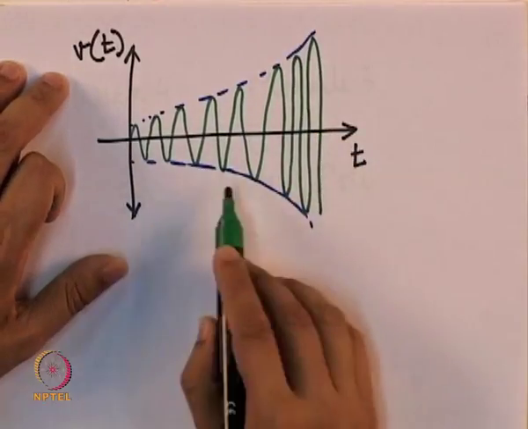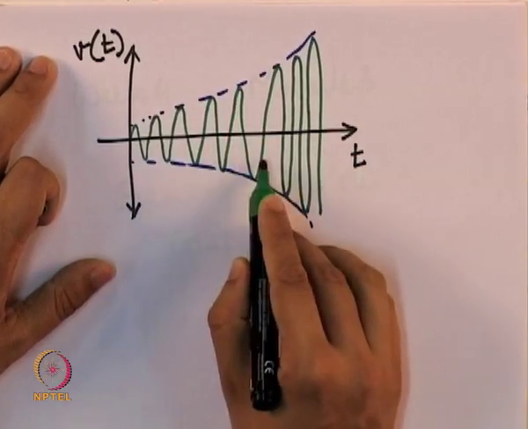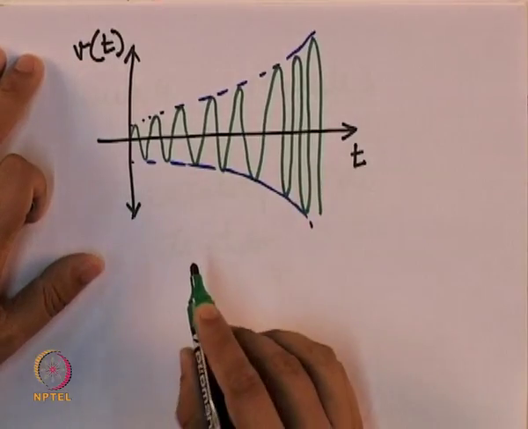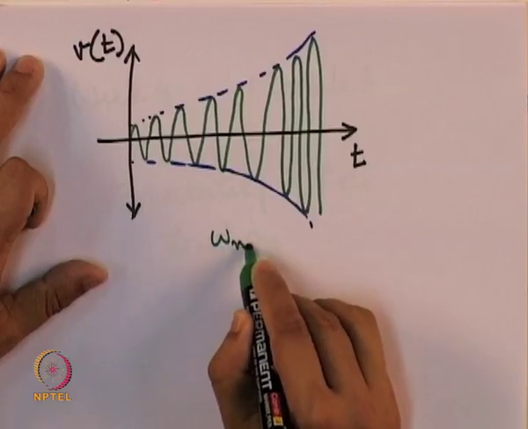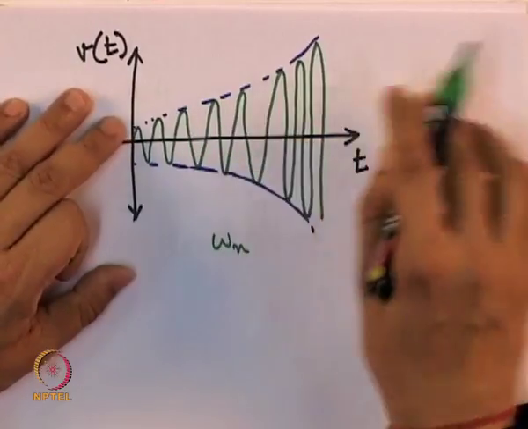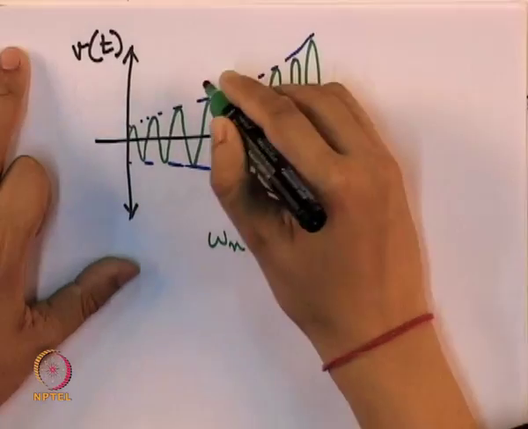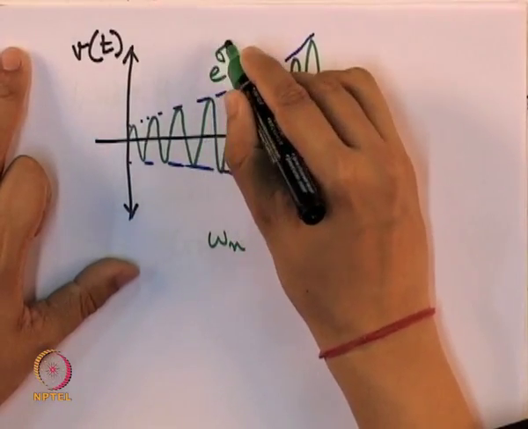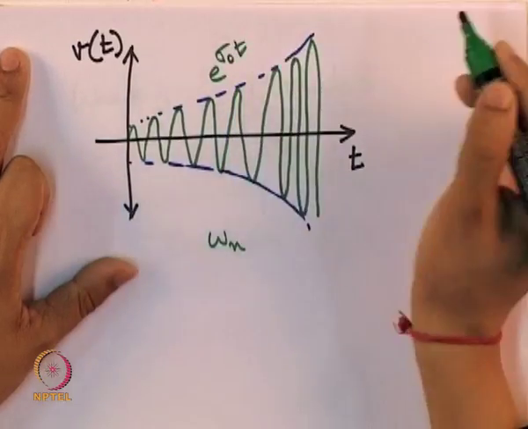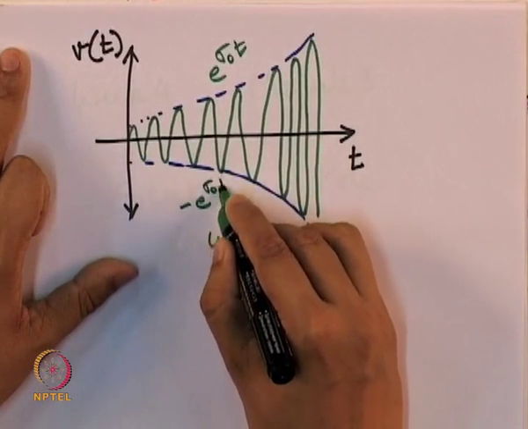The frequency will remain the same. Here it appears as if the frequency is decreasing as time progresses, but no, the frequency remains the same, which is omega n. But the amplitude of oscillation gradually goes on increasing.